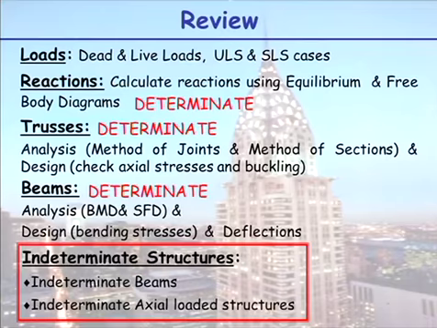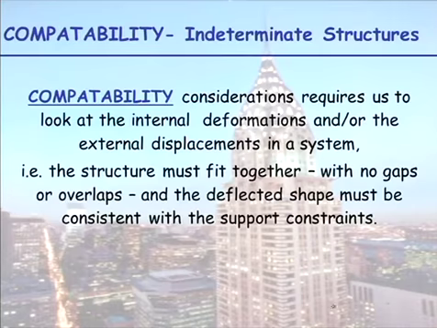So let's run through again so you're clear where we're at. We have spent about 10 weeks on looking at determinate systems, calculating reactions in trusses and beams, and everything's been determinate. Now we're looking at indeterminate structures. We've just dealt with beams, and now we're going to look at axially loaded structures.